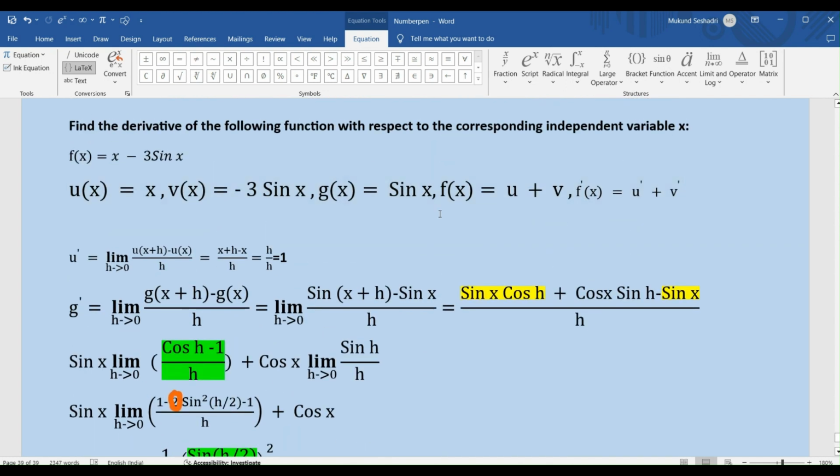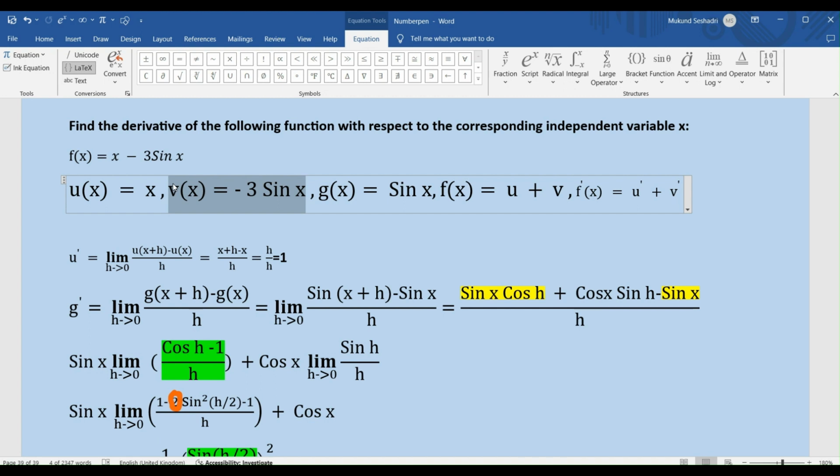So I'm going back. My g of x is sine x, my v of x is minus 3 times sine x, right? So the way to remember this is, my d by dx of g of x, which is sine x, is cos x, right?